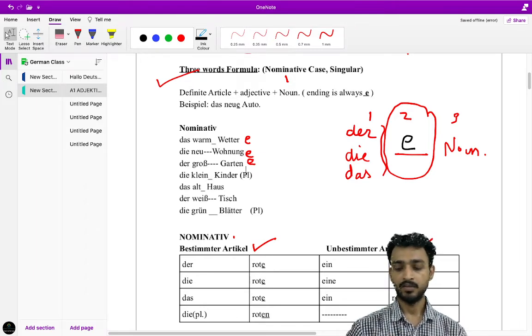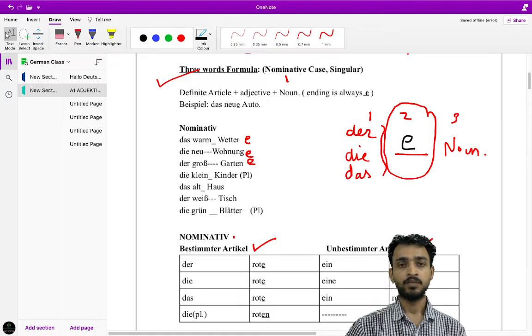If you have these three articles, only then does it make sense. If you don't have this article, then it will not make sense. So the three-word formula applies only with these three articles: der, die, and das. Remember this. Without an article, it will not make sense.